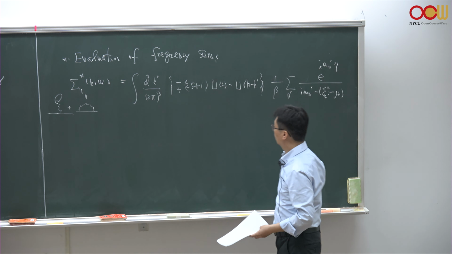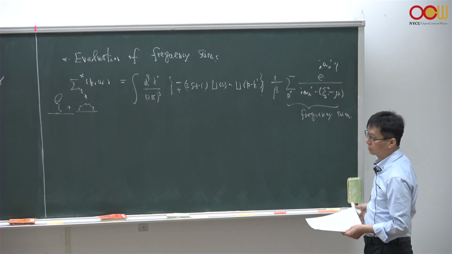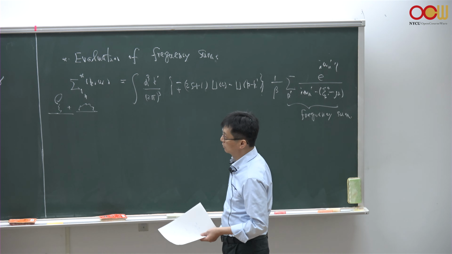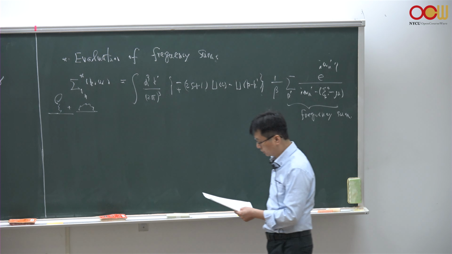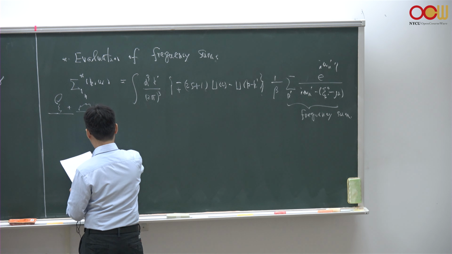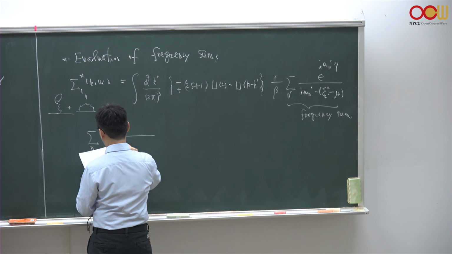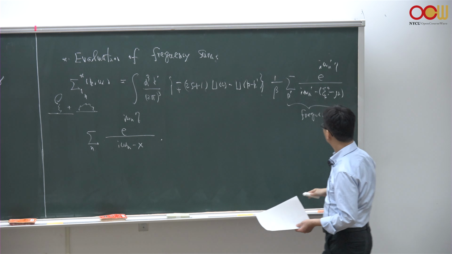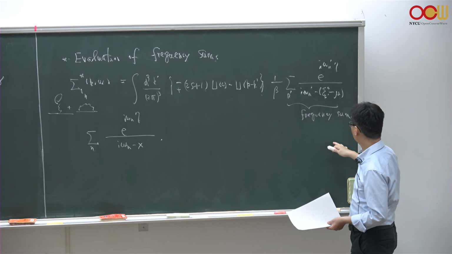It's called the frequency sum. So we need to apply the knowledge that we learned from applied math or mathematical physics, that we can perform the contour integration when we sum over the Matsubara frequency. So let's try to perform such a Matsubara sum. Suppose we have such a factor, sum over n of e to the i omega n eta divided by i omega n minus x, where this x is defined as epsilon 0 k prime minus mu, for example.